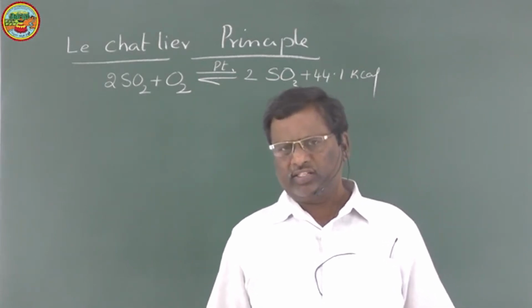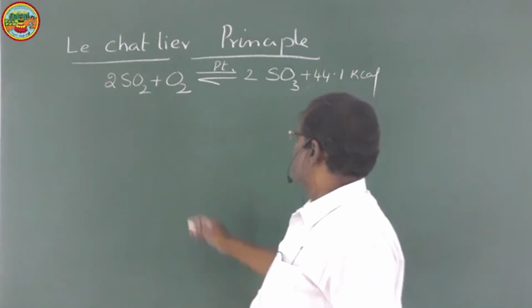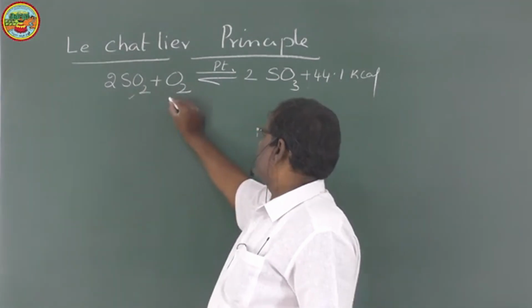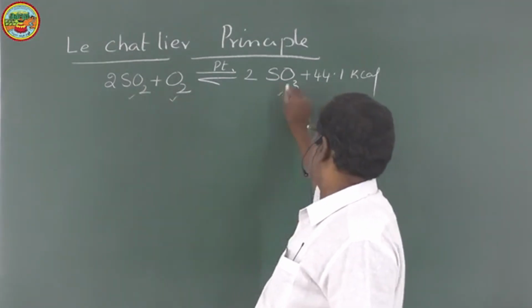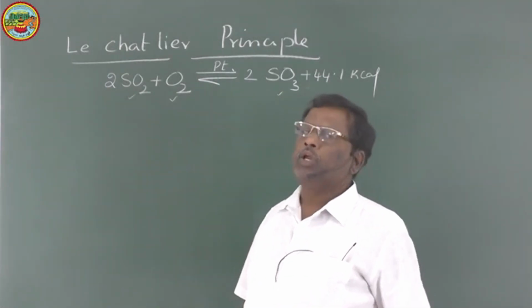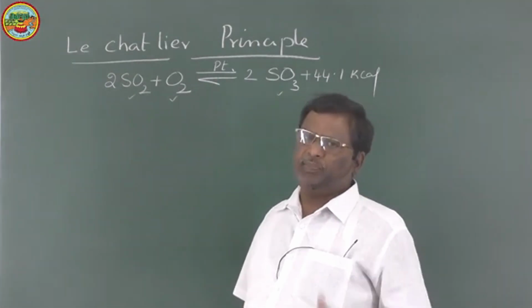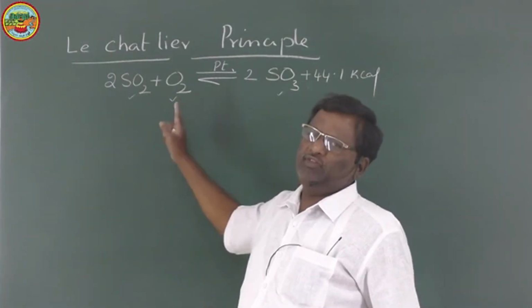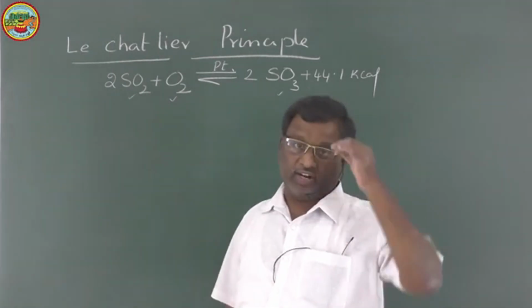Effect of concentration. Concentration means the concentration of sulfur dioxide, oxygen and sulfur trioxide, because the reaction is carried out in a closed container. If the reaction is in equilibrium, it means the rate of forward reaction equals the rate of backward reaction.